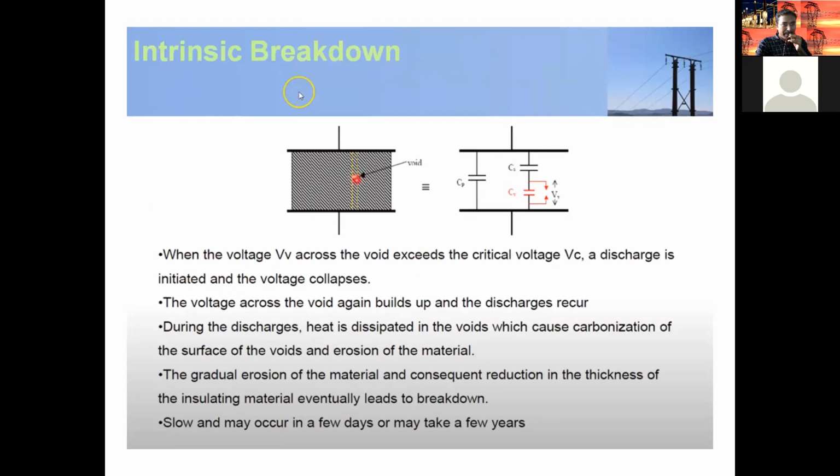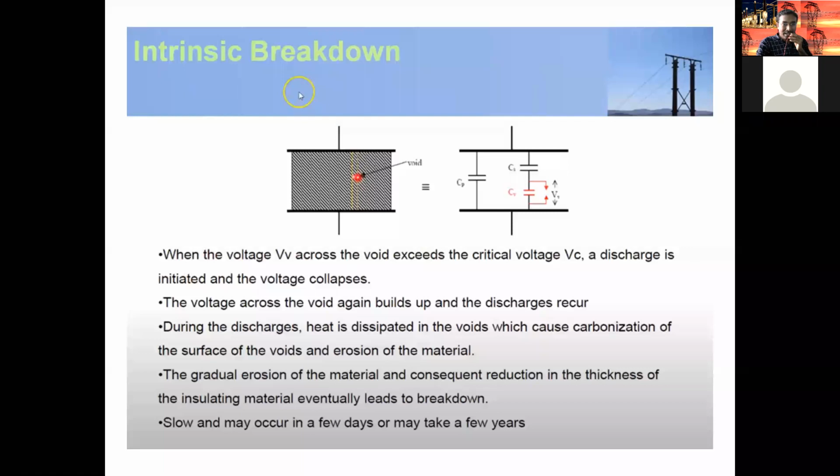The air breaks down, and the surrounding void erodes. So if you apply high voltage, first the surrounding air becomes ionized and an erosion process takes place. Then after some time, the spark takes place again, and the breakdown strength decreases.